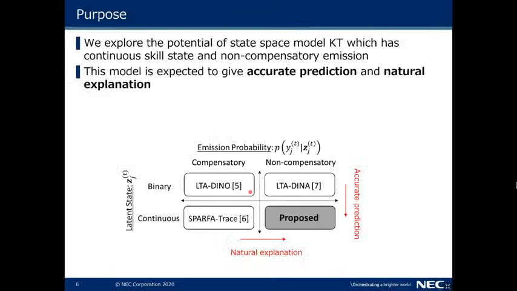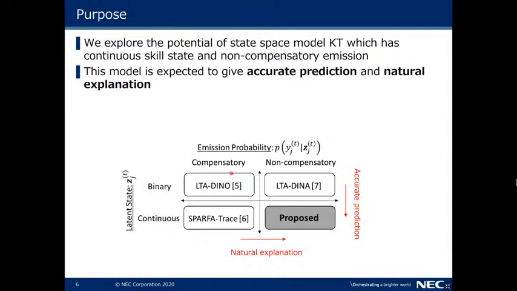So the purpose of this study is to explore the potential of a state space model which has continuous skill state and non-compensatory emission. This model is expected to give accurate prediction and natural explanation. Compared to the binary skill state, a continuous skill state is expected to give accurate prediction.